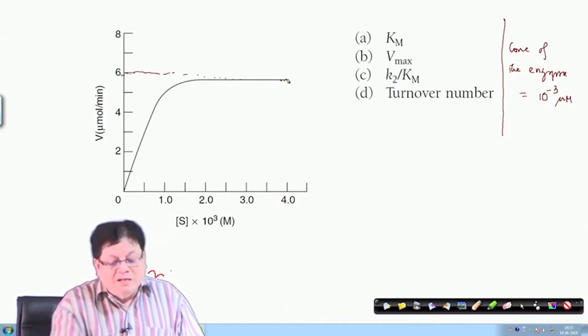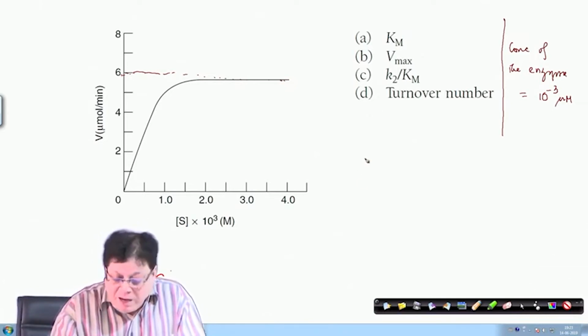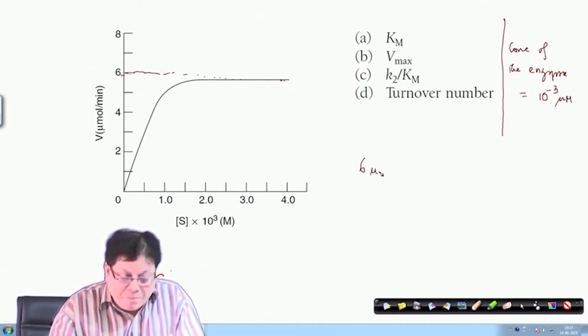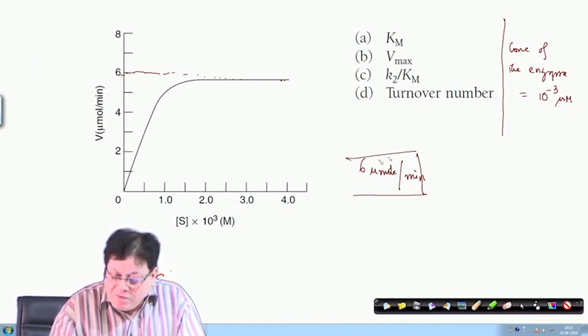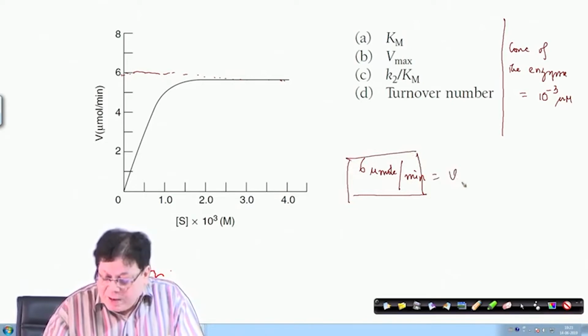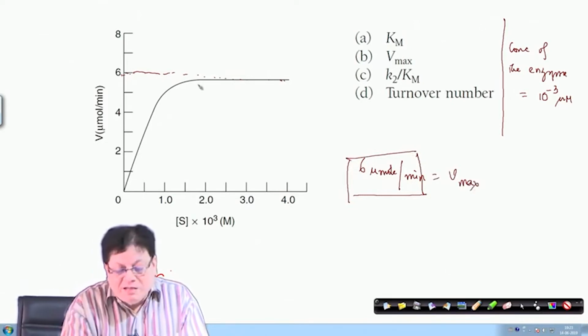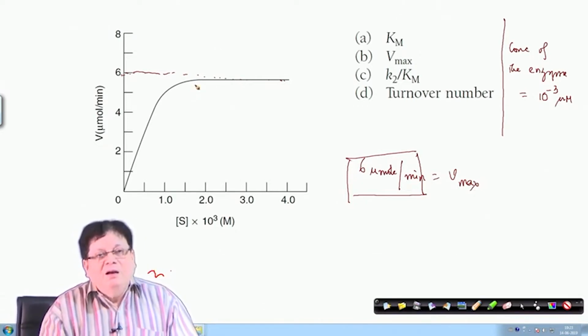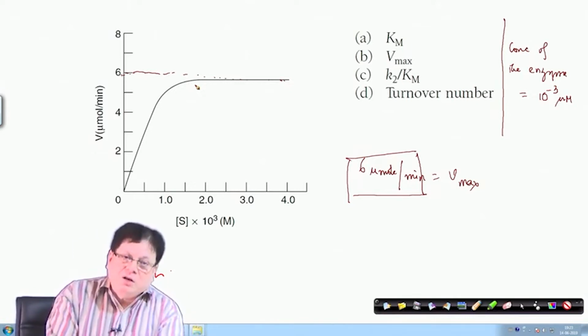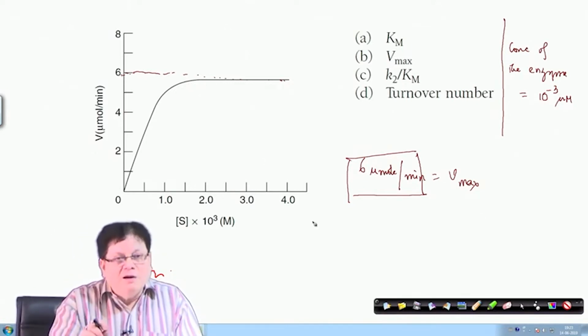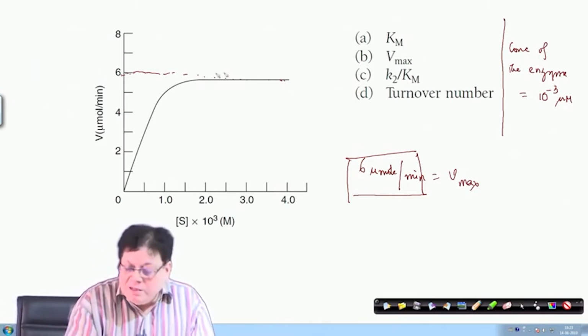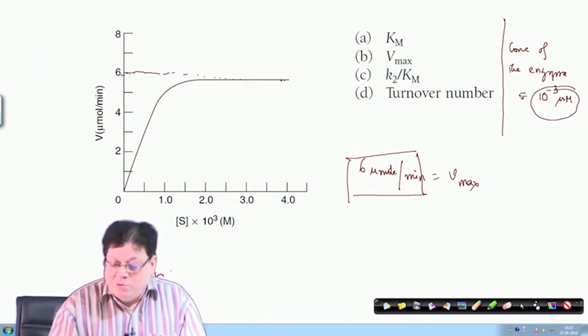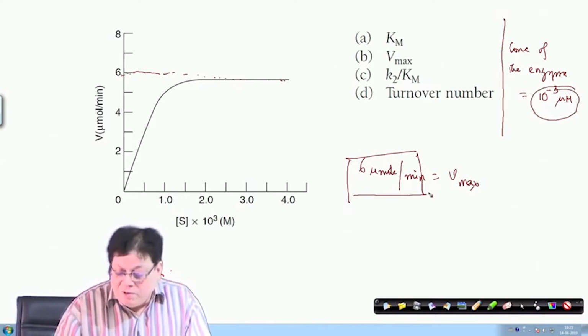So, we can say that 6 micromole per minute is the maximum velocity, Vmax, because that is the saturation level. What is the saturation level? Beyond that you cannot increase the rate of the enzyme reaction, unless you add a fresh amount of enzyme. In this case the enzyme concentration is specified as 10 to the power minus 3, and the value of Vmax is 6.